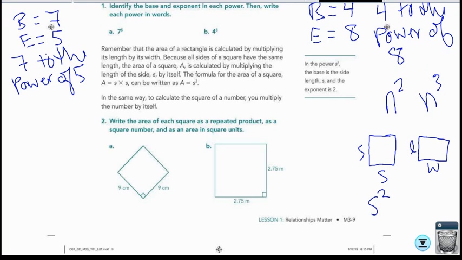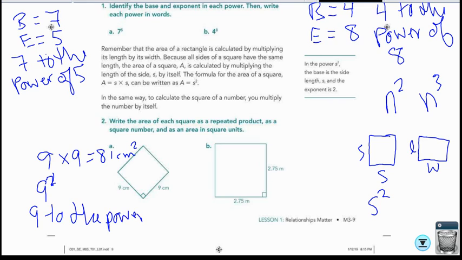For A, we could say that this is 9 times 9, which is equal to 81 centimeters squared. Or we could say that this is 9 squared. When we have 9 to the power of 2, the special word for it is squared. Or we could say 9 to the power of 2.